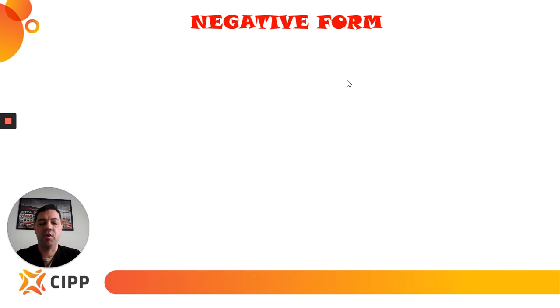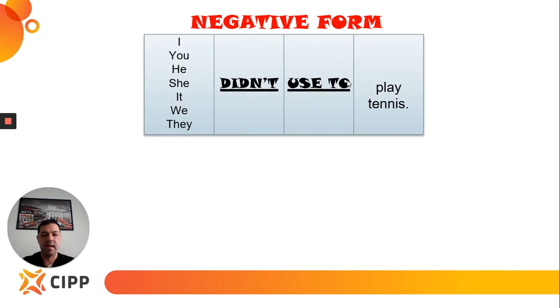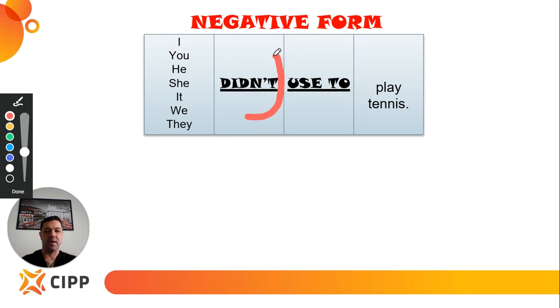In the negative form, the structure is quite the same, but what is necessary to think about? Two things, guys. First, you have "didn't," because it's the auxiliary of the negative, and very important, "use."